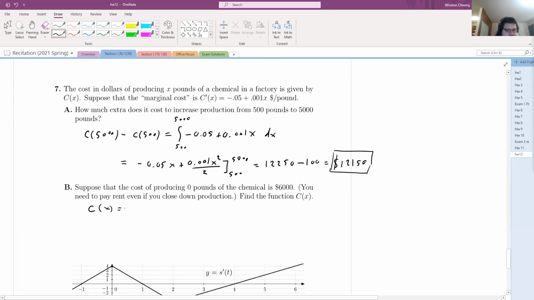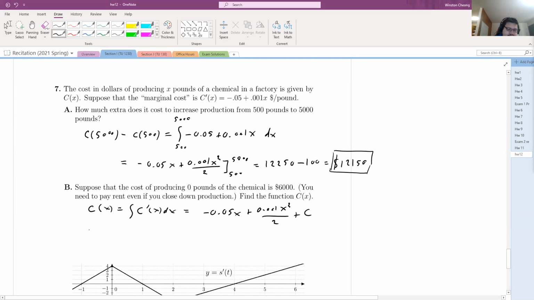Instead, C of x is just the integral of the C prime function. Maybe I can write that like so, because we found the antiderivative. It's just that in this case, we'll have a plus C instead of this evaluation. So it's minus 0.05x plus 0.001x squared over 2, and then plus a constant.